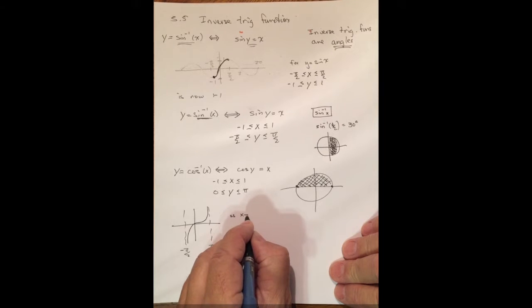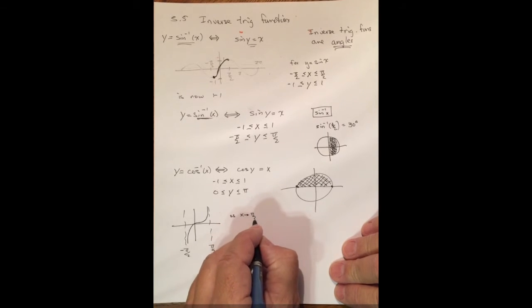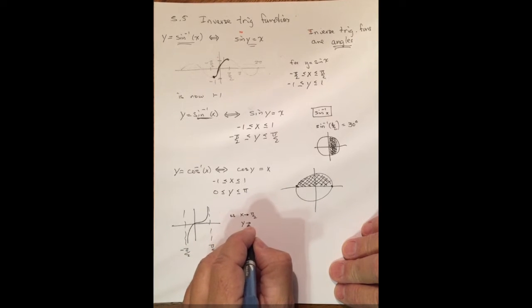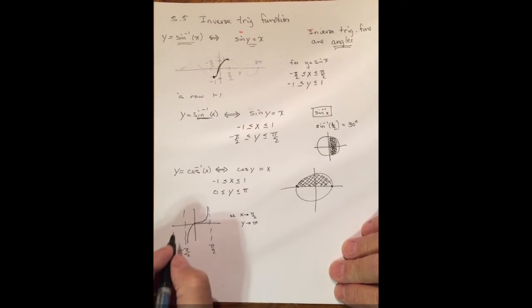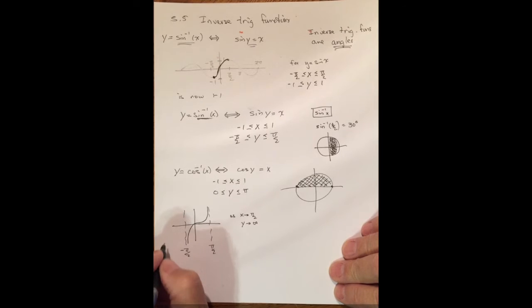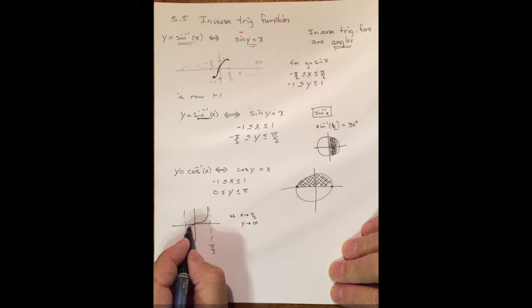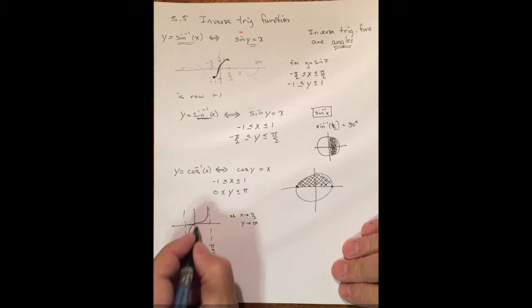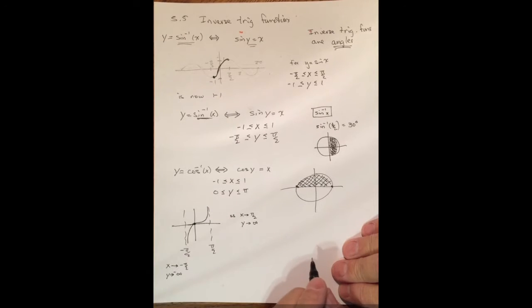As x goes to pi over 2, as x goes this way, y goes to infinity. And as x approaches minus pi over 2 here, y goes to minus infinity. Okay, now remember that. We need that. The only point they share in common is 0, 0.